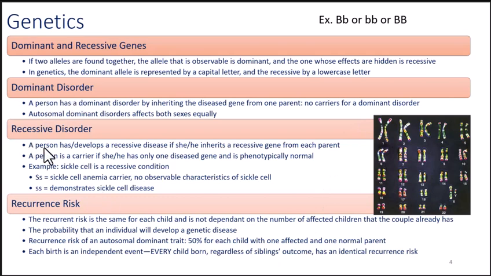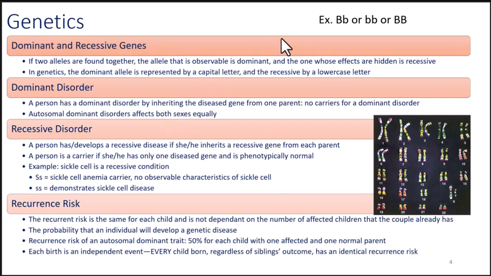Now let's look at dominant versus recessive disorders. A person has a dominant disorder by inheriting the disease gene from one parent. There are no carriers for dominant disorders. You either have the condition or you don't.